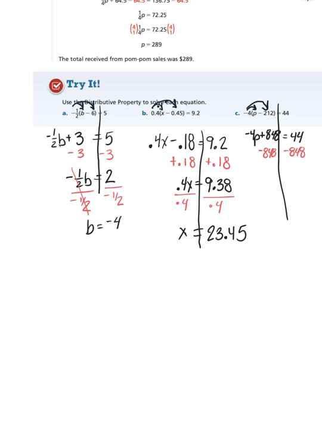So now we have -4p equals -804. Divide by the -4. A negative divided by a negative equals a positive. So the answer is going to be 804 divided by 4, which is 201. That concludes the lesson for the day.